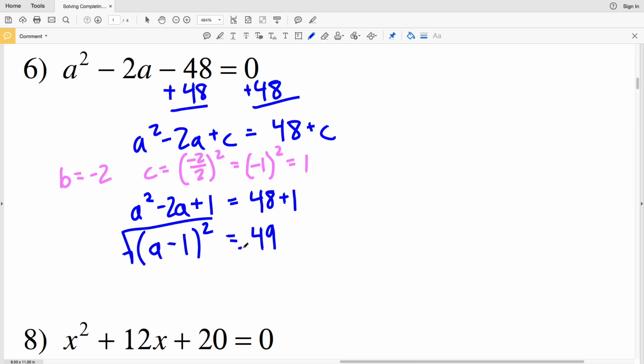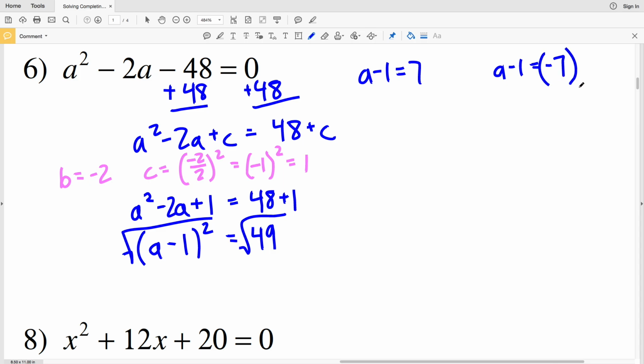Now I'll take the square root of both sides, remembering to take into account my positive and my negative values. So I'll have a minus 1 equal to the positive square root of 49, which is 7, and then I'll have a minus 1 equal to the negative square root of 49, which is negative 7.